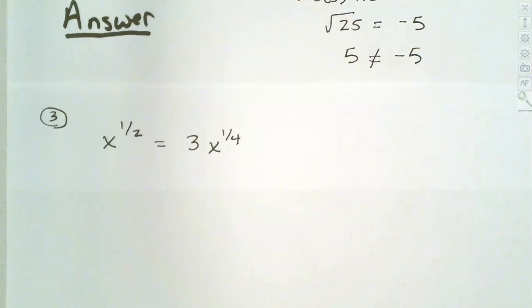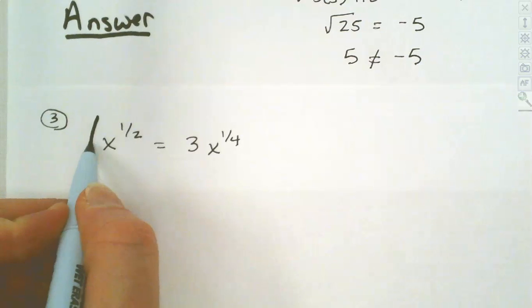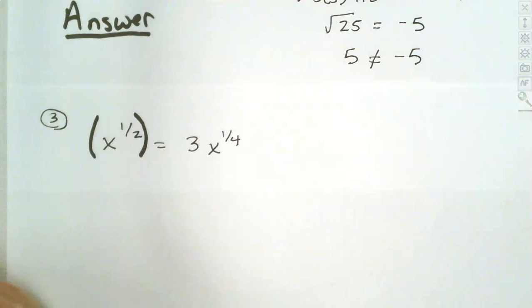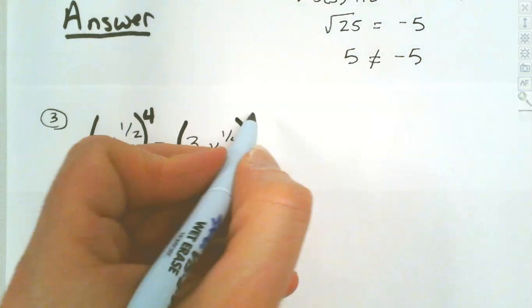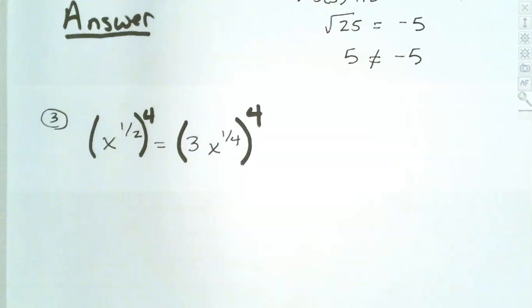So I've got a 1/2 and I've got a 1/4. To get rid of all of my fractions, the least common denominator of 2 and 4 would be 4. So I'm going to have to take both sides to the 4th power. That's going to clear out those fractions.